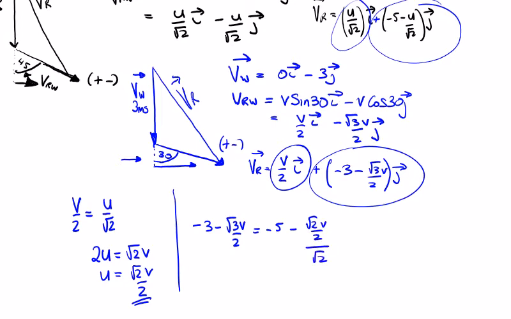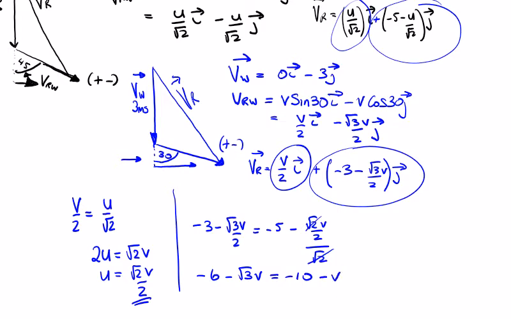If I divide top and bottom by root 2, they'll cancel. So I'm left with 2's on the bottom. Let me multiply by 2 to get rid of them. So minus 6 minus root 3 v is equal to minus 10 minus v.